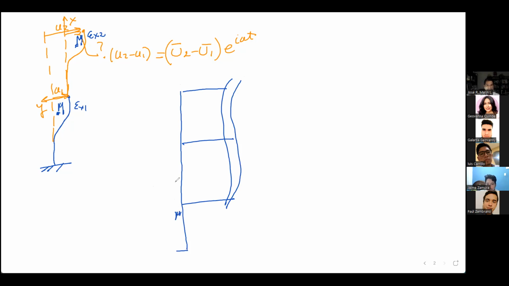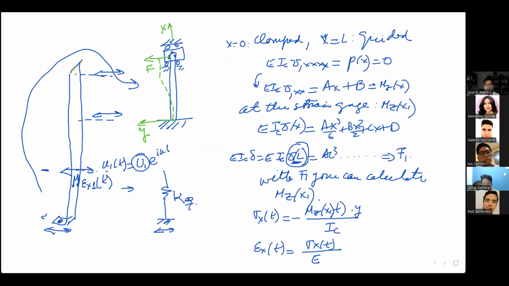You have one here, the second was here, the third was here. What was the last one? In the base. Now for this one here, you can evaluate the bending moment at a very low value. So in this case, this term will be small.